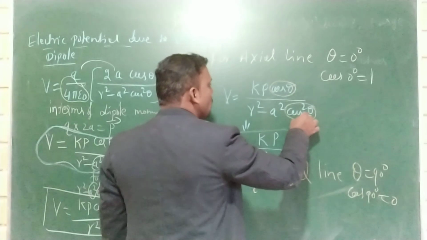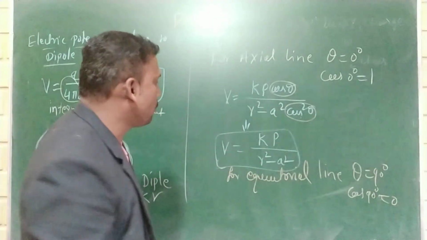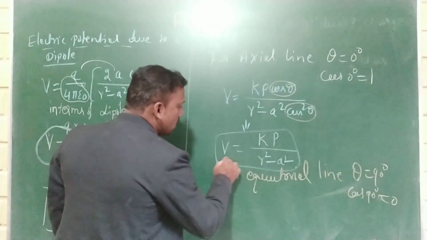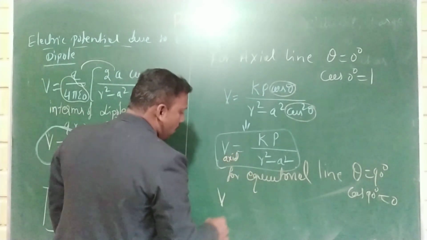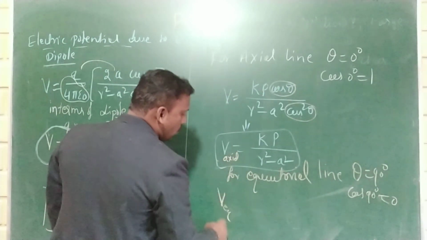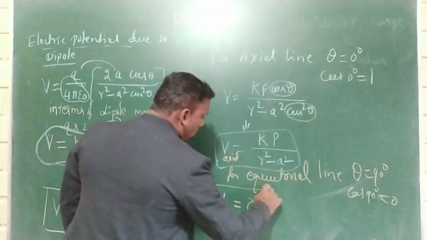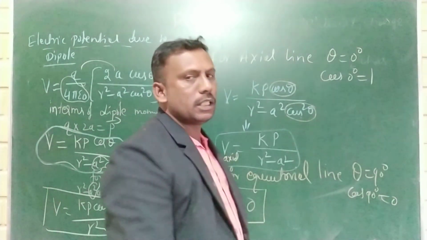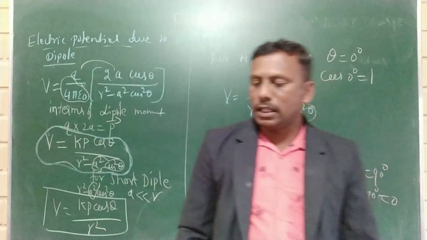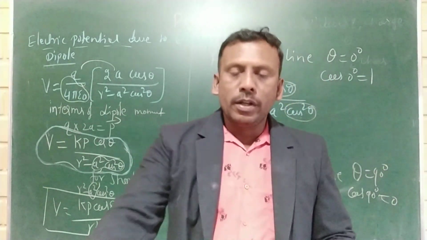Therefore, V axial is as above, and this is V equatorial. For the equatorial plane, the electrostatic potential is 0. Okay.